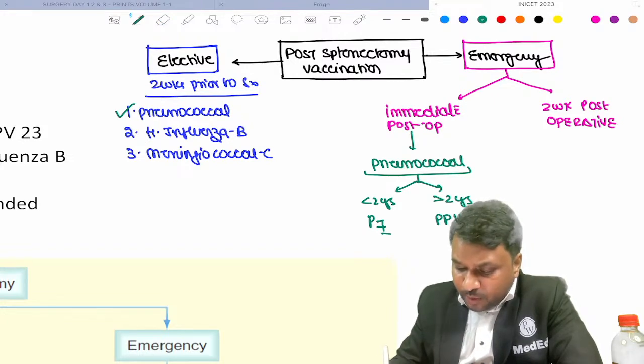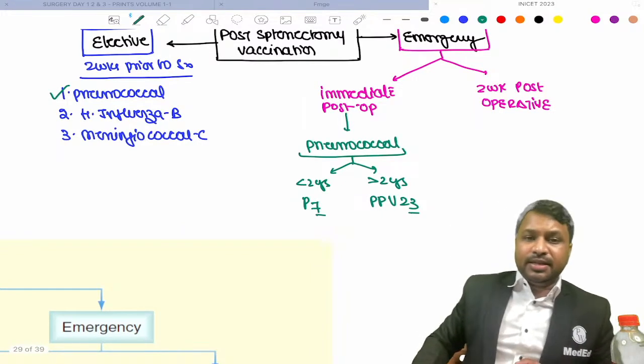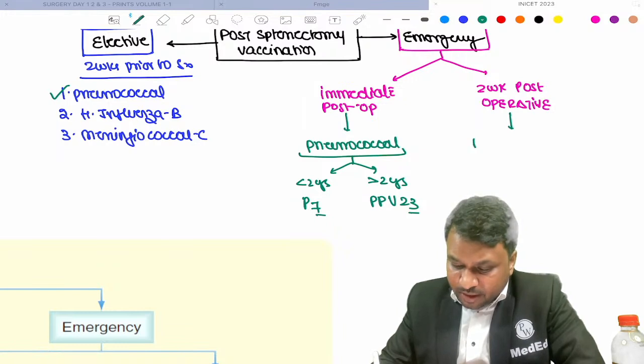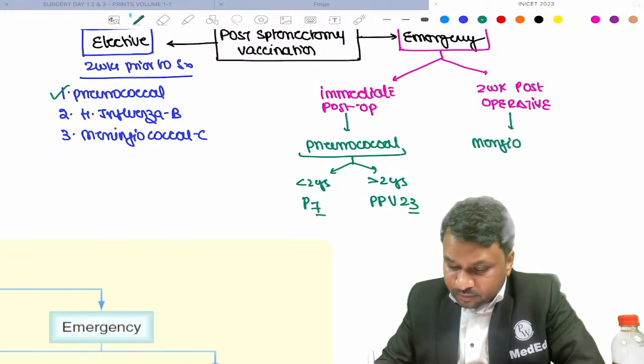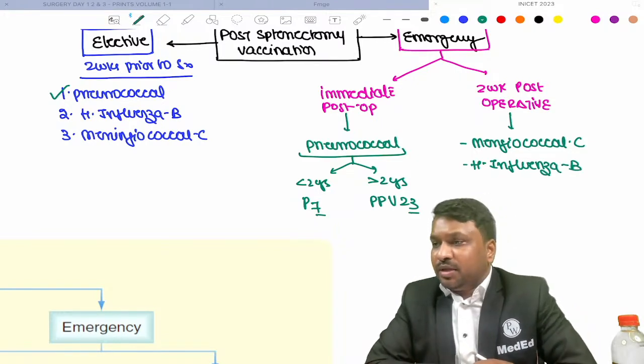There is a 7 valent and a 23 valent. That is the only change. In 2 weeks, we'll give the meningococcal C and H influenzae B.